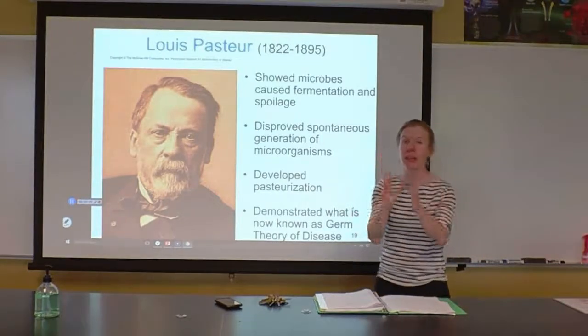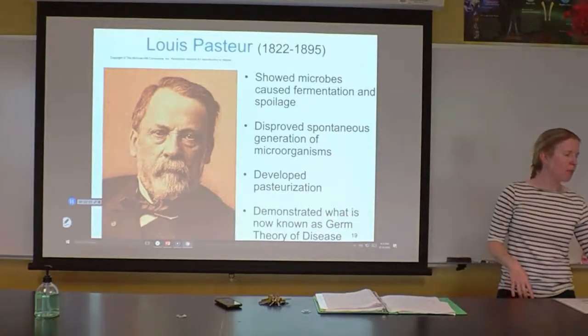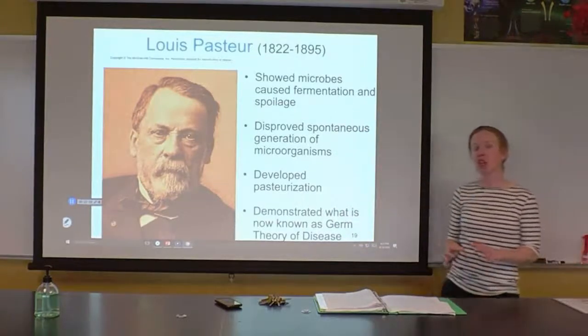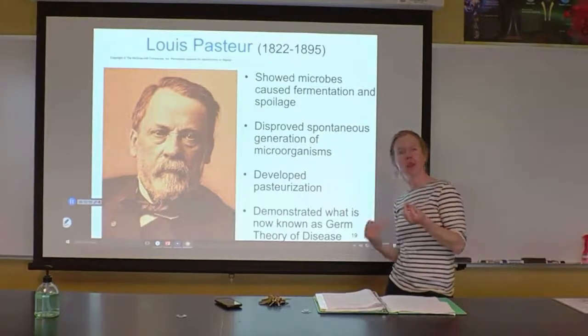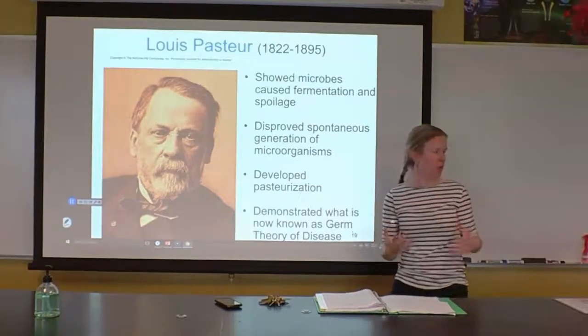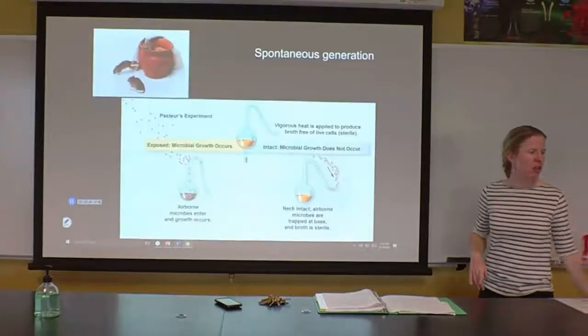Okay, so a couple of the key things that he figured out. He showed that microbes caused fermentation and spoilage. He actually got interested in this. He got brought in by the wine industry, which was trying to figure out what was going on with some of their wines. He disproved spontaneous generation of microorganisms.